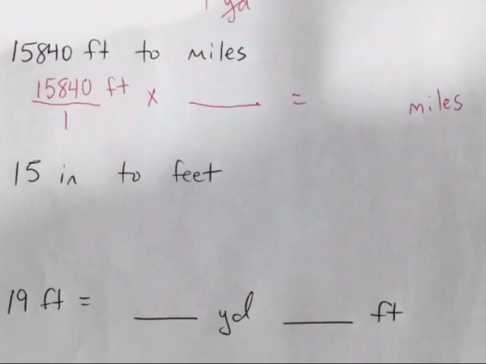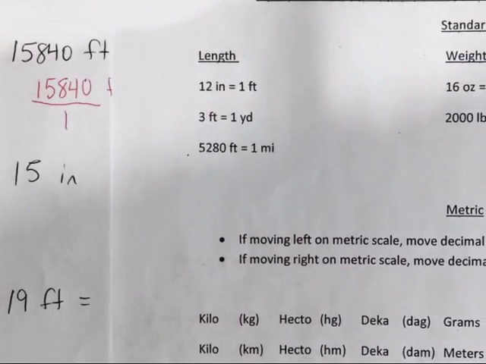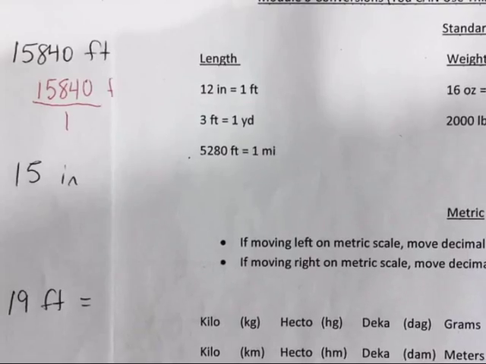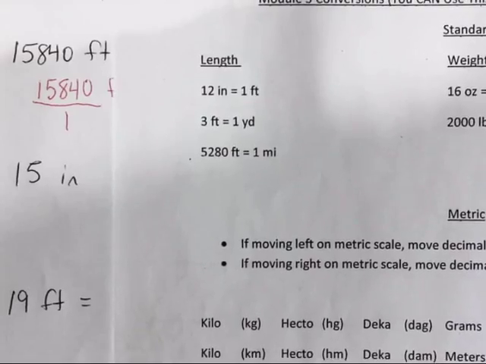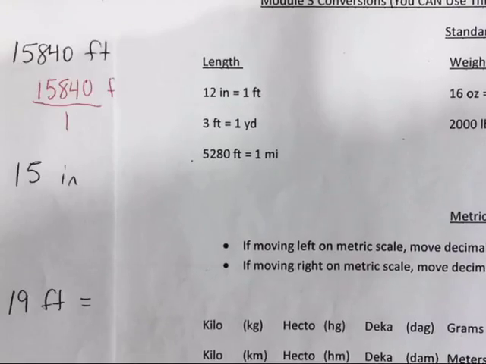Okay, so now I go to my conversion sheet and I see that 5,280 feet is equal to 1 mile. So I want to make sure that I put this so that feet cancels and I am left with miles.